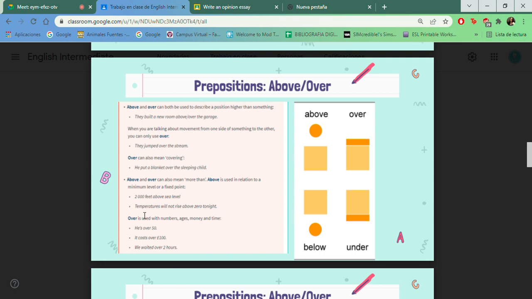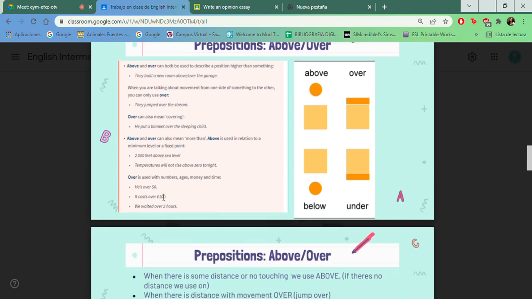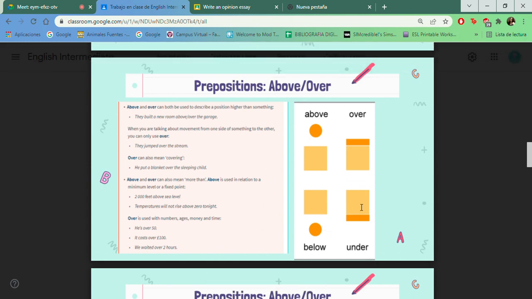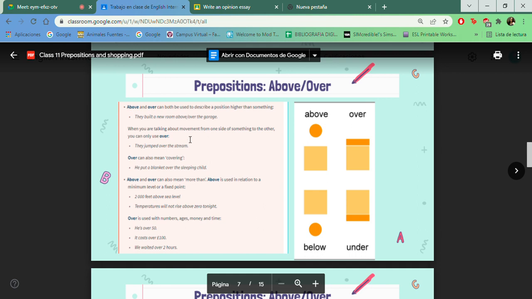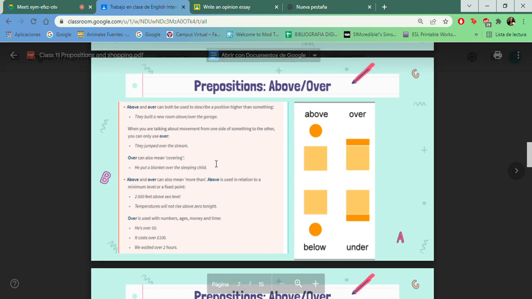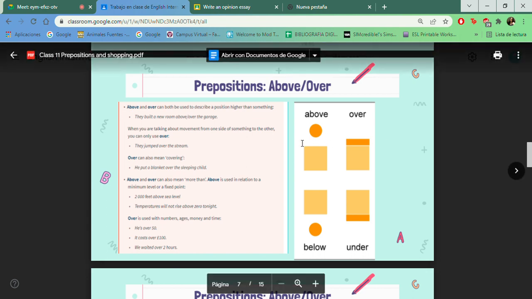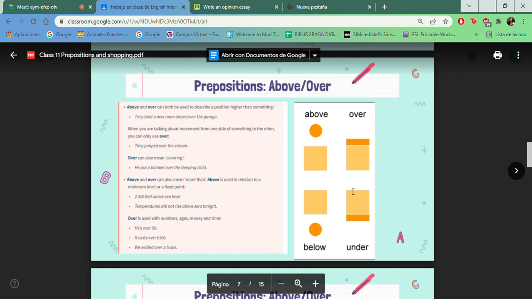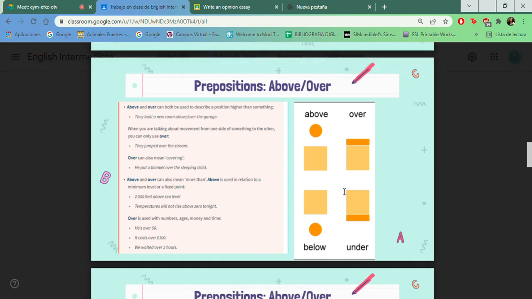Then we have below, and of course over can also mean a preposition of movement from one side to the other side. For example, they jumped over the stream. This would be over the fence, for example. That would be another use of over, a preposition of movement.